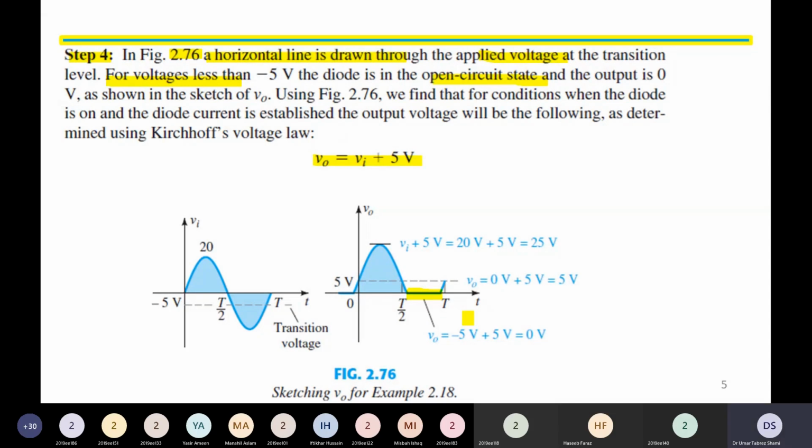Then when the input voltage is greater than the DC power supply, the signal is now available. The signal is now available from time t to onwards.